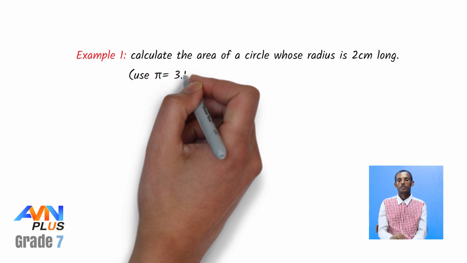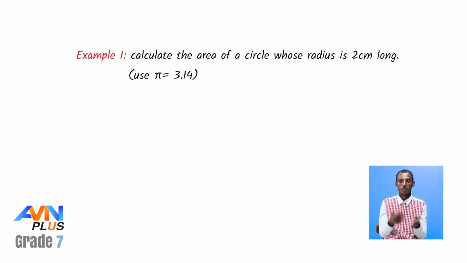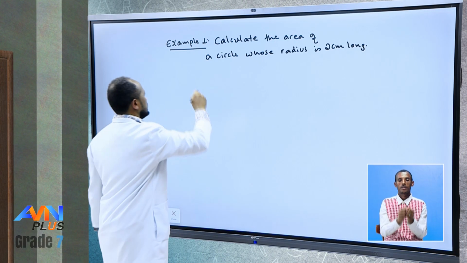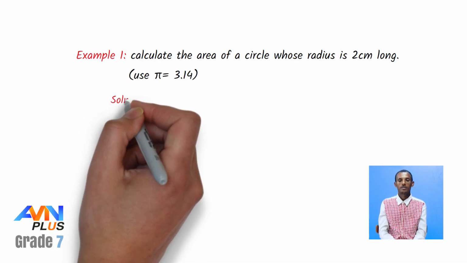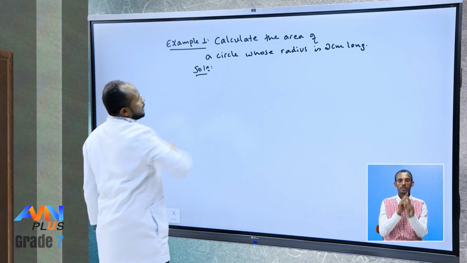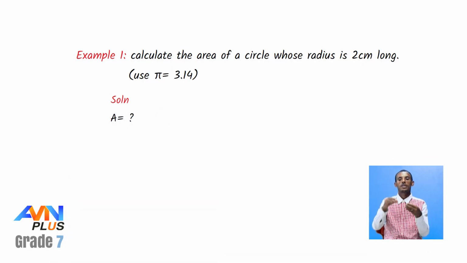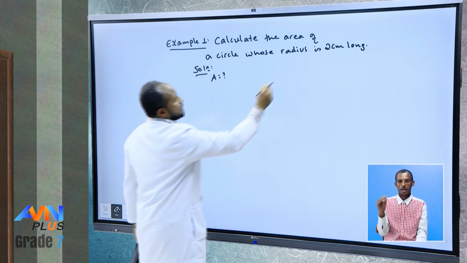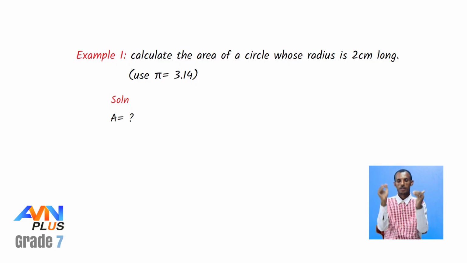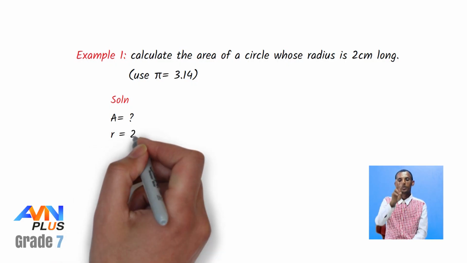Okay, now let's see this together. Here we are asked to calculate the area of the given circle, and the radius is given to be 2 centimeter.